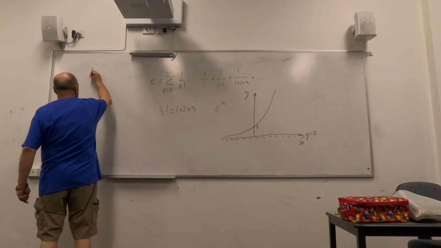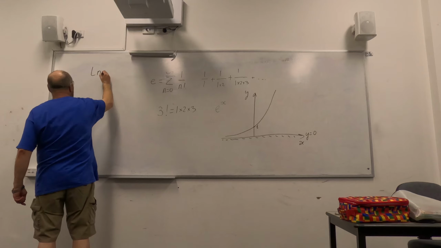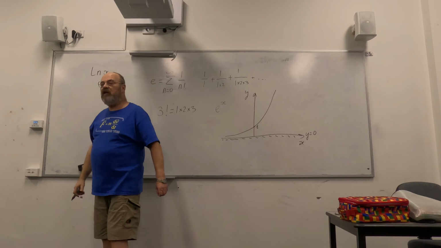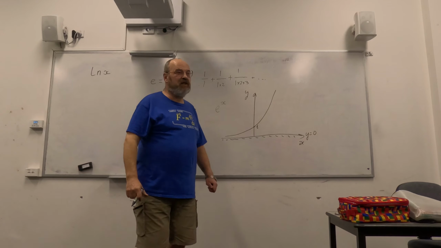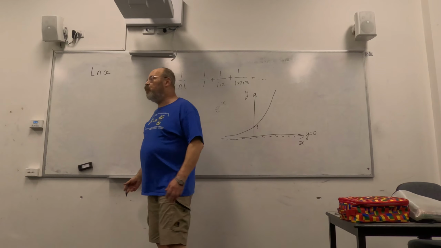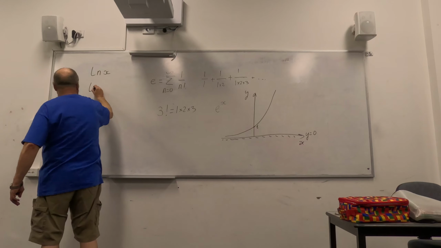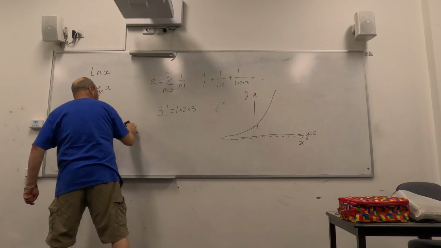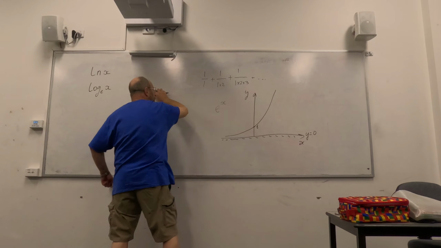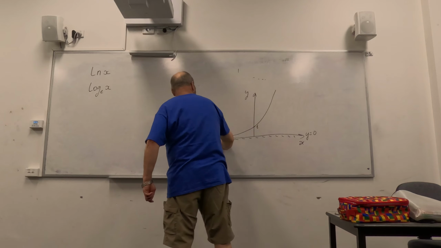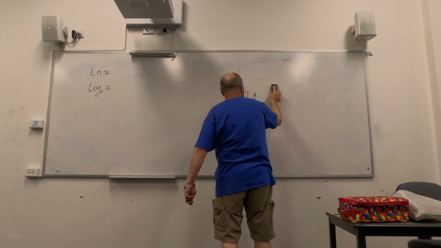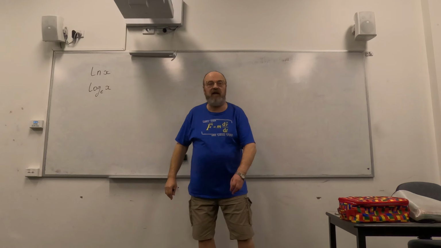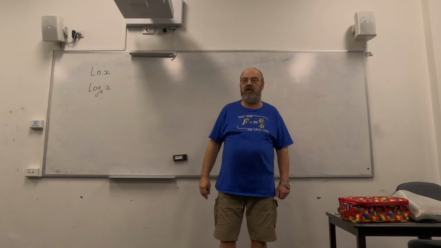The international notation is ln, meaning base E, and on your calculators it says ln, but in your textbook, for some reason, log with the base E is used. Here in Australia, they invented a few notations different to international.